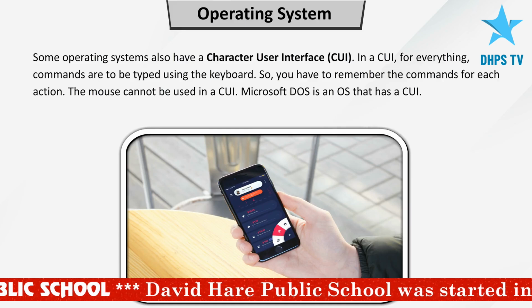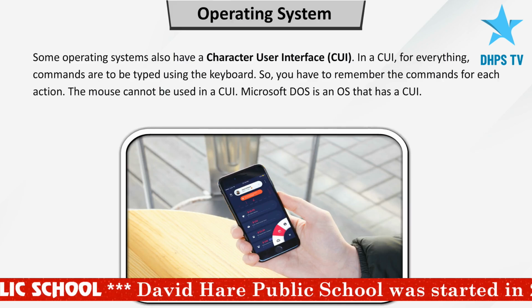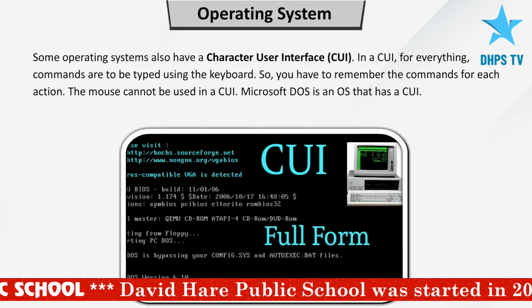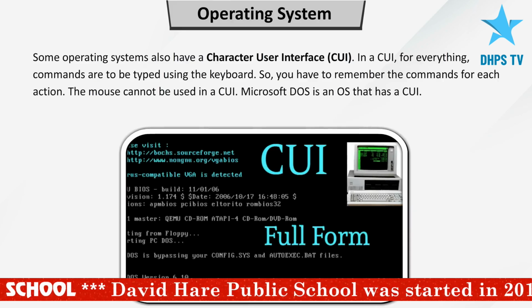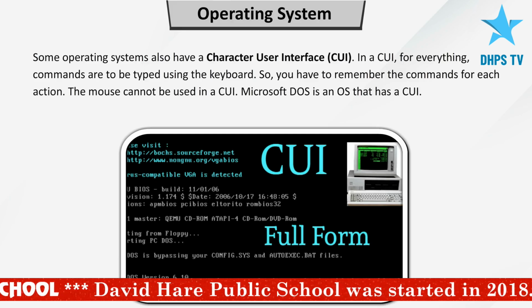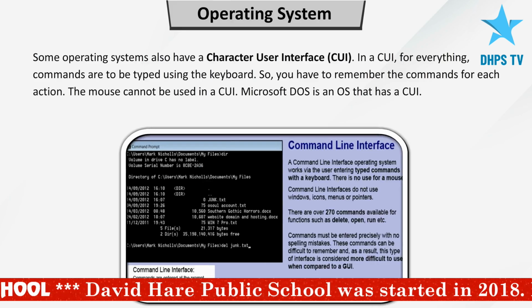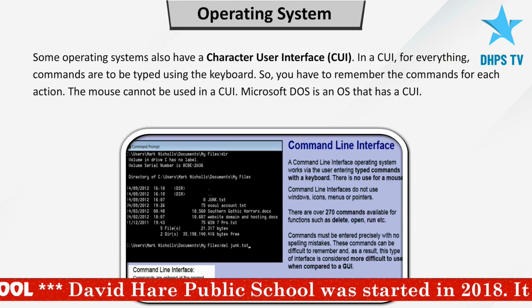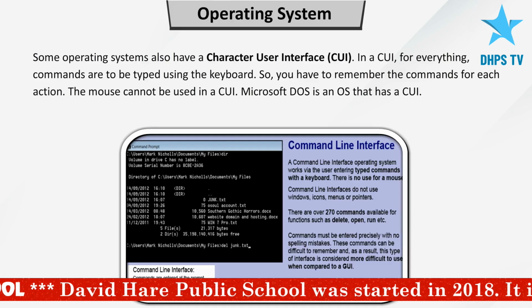Some operating systems also have a character user interface, CUI. In a CUI, for everything, commands are to be typed using the keyboard. So, you have to remember the commands for each action. The mouse cannot be used in a CUI.